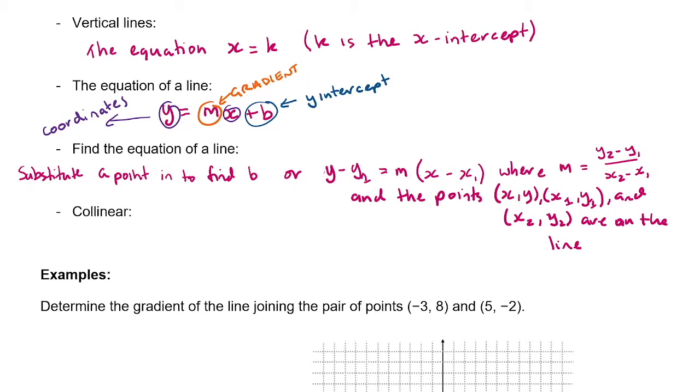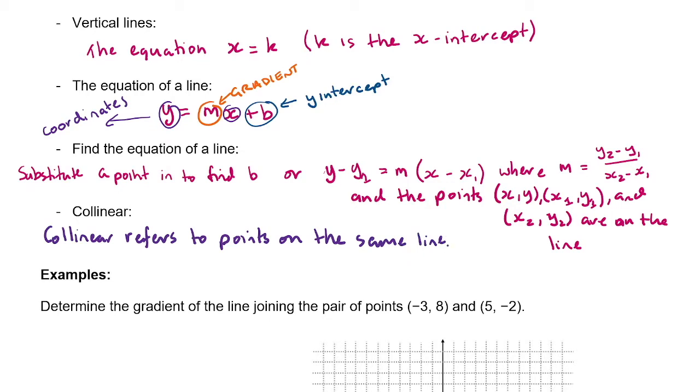Now when we talk about collinear, the word collinear refers to points on the same line.